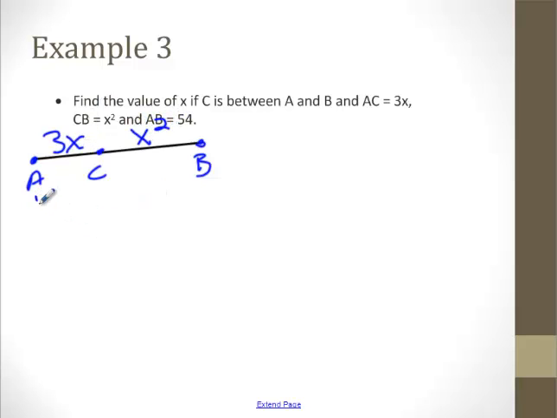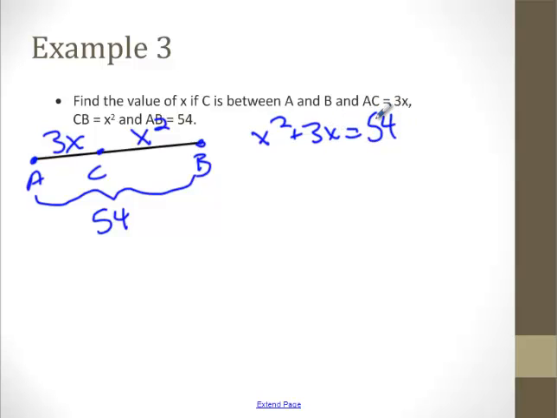Hopefully you guys love factoring as much as I do because you're going to have to here. We know the two small segments add up, and hang on a second, I'm actually going to switch those around. x squared plus 3x is equal to 54.